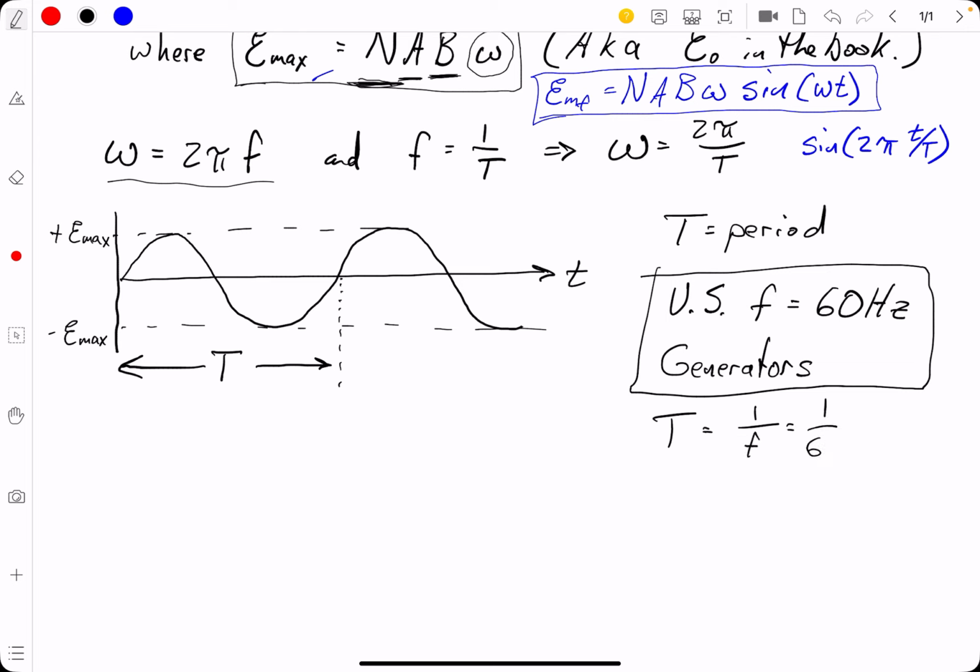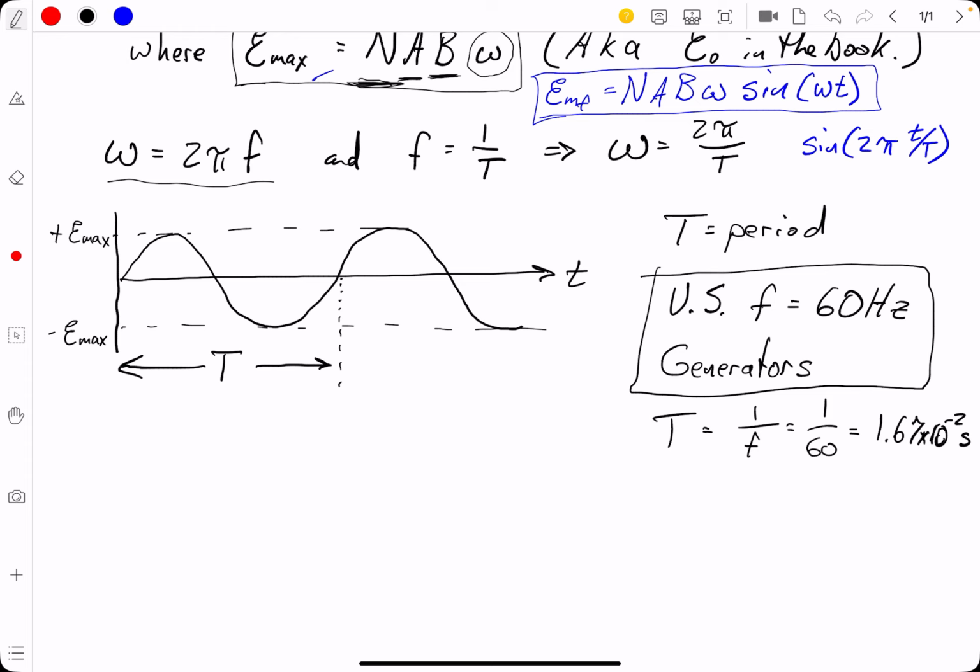So 1 over 60, I'm going to plug it into my old trusty calculator, that's 1.67 times 10 to the minus 2 seconds. Okay, so that's how long it takes to do one cycle in the United States. 1.67 times 10 to the minus 2 seconds. So not very long. All right.